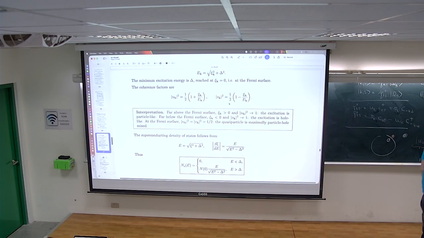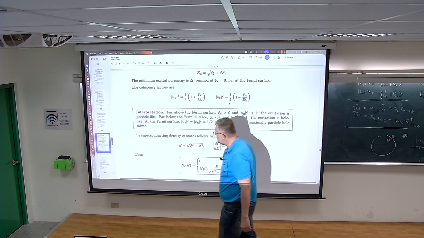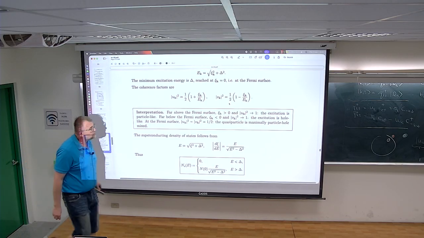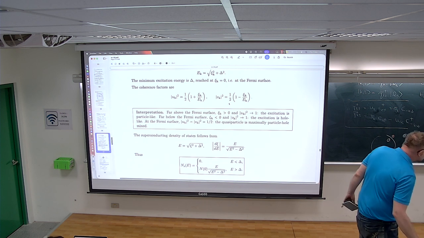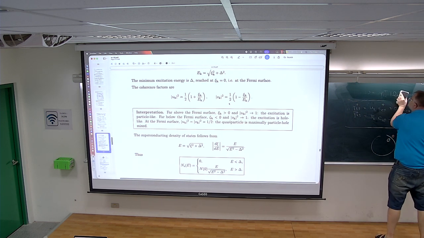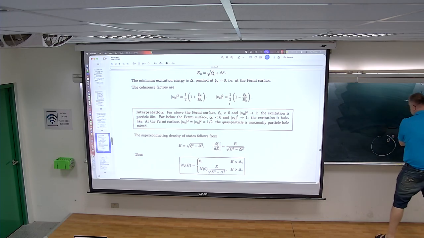The other thing, and this is useful when people really do calculations in superconductors, is that you also want to use the trick where the summation over K changes to an integration over the energy, but you should be a little bit careful, because now the energy is not just parabolic, but a little bit more complicated.